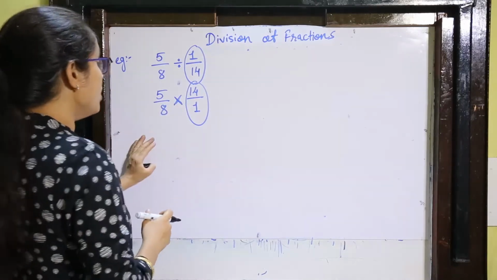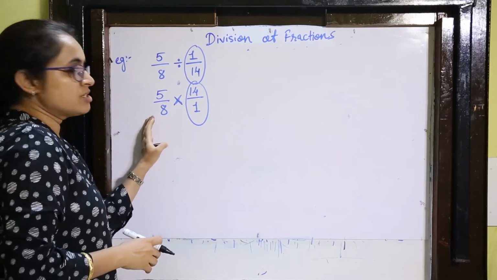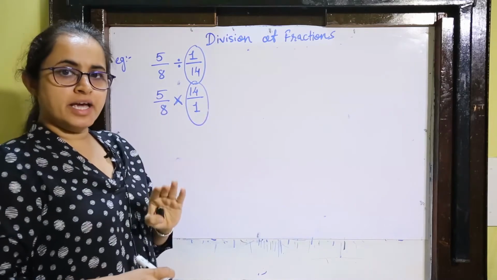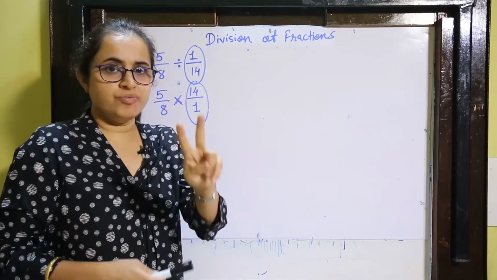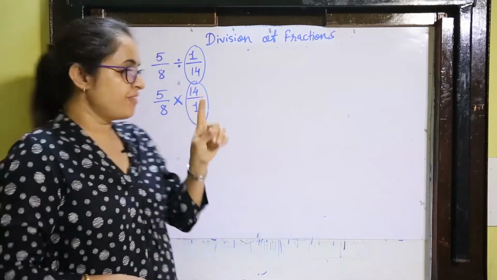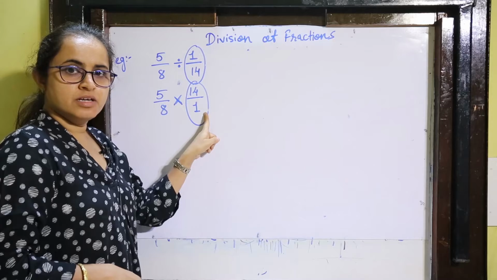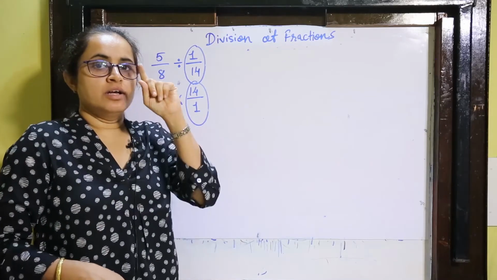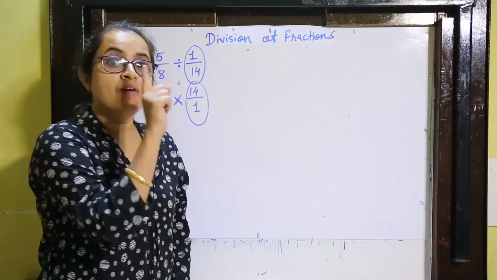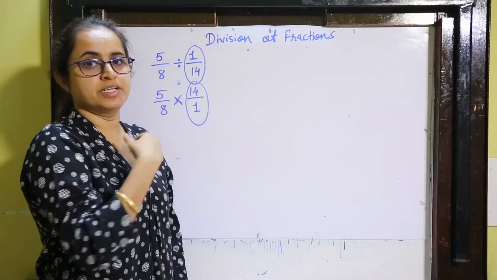I am repeating again, when you divide two fractions, you are actually multiplying the first fraction with the reciprocal of the second fraction.